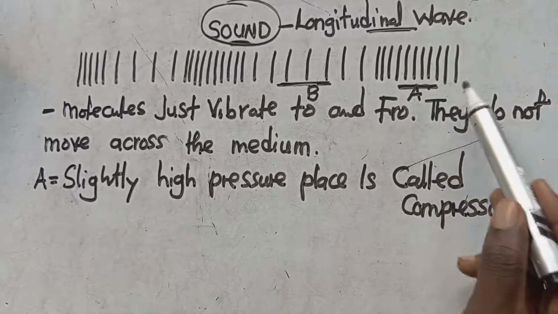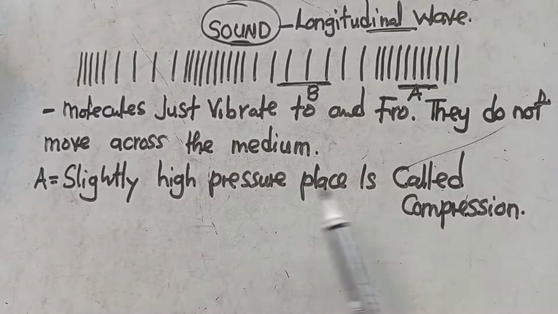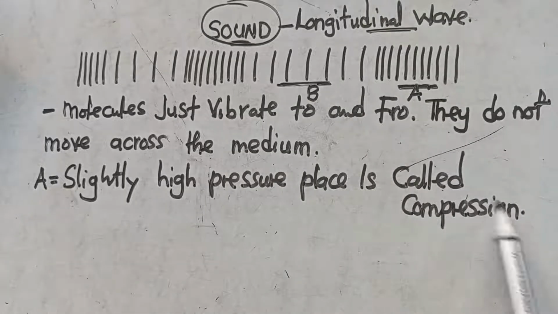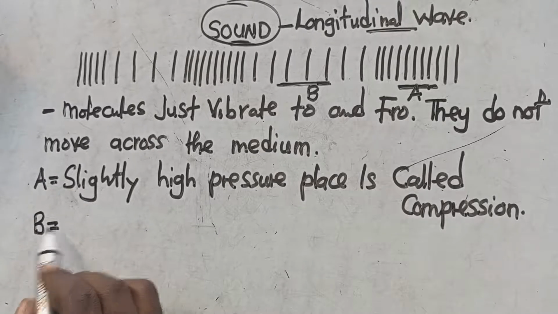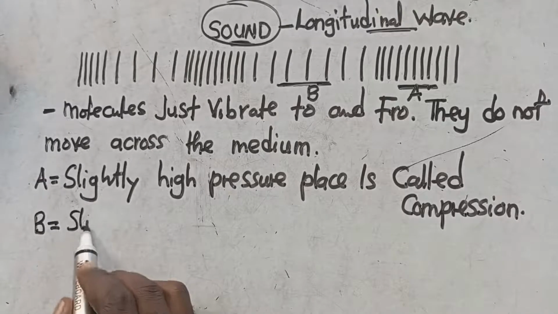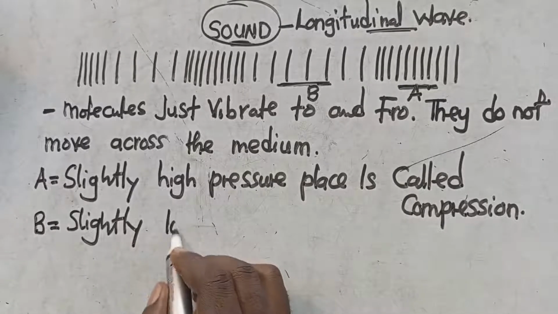So where is compression? This part A, where the pressure is very high. A slightly high pressure part on a longitudinal wave is called compression. This is what you need to understand. And we've got B. What do we call B?